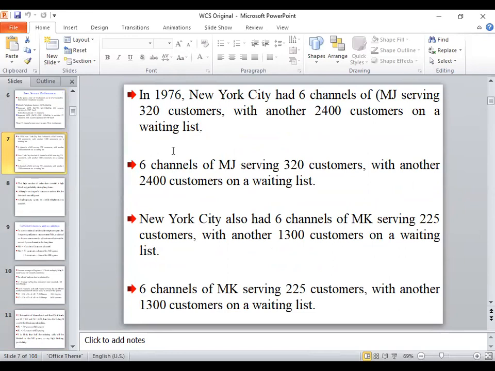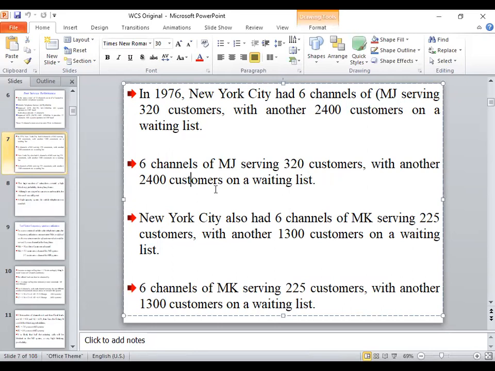And in New York, with 6 channels, if you are using the MK system, then we can handle 225 customers, and 1,300 customers were on the waiting list. So 6 channels of MK served 225 customers with another 1,300 customers on a waiting list.